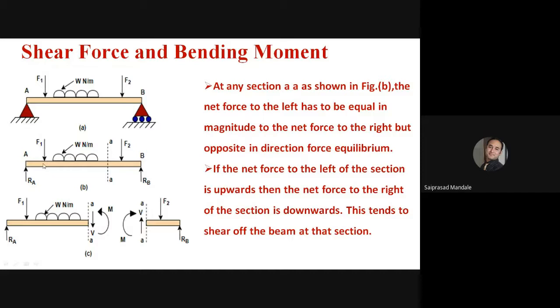If the intensity of the forces on either hand is equal and opposite in direction, those forces tend to shear off the beam. Means if the net force acting on the beam at the left hand side and right hand side of any section are the same in magnitude but opposite in direction, those forces will result in the shearing off of that particular beam.